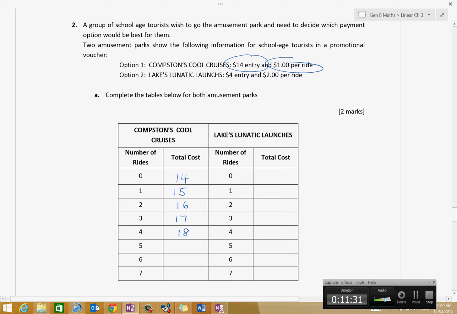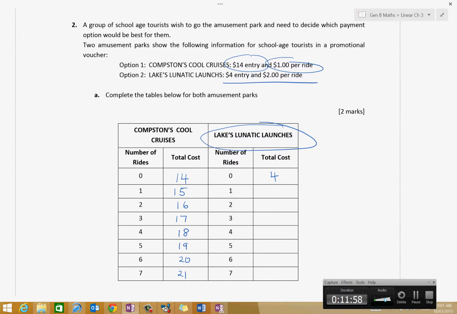Then this is what? It's starting with N. Linear. $4 entry plus $2 a ride. So therefore, if you didn't go on any rides, then you're best off going to Lakes Lunatic Launches. Okay, if you're going to just sit there and eat fairy floss, then don't go to Compston's.